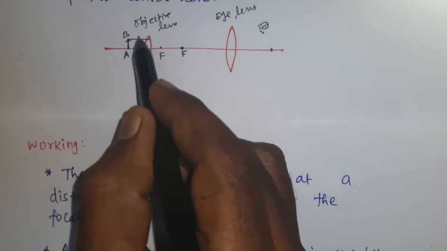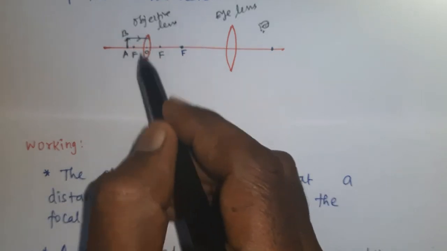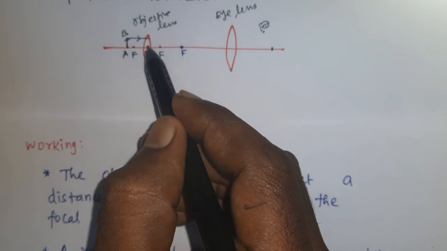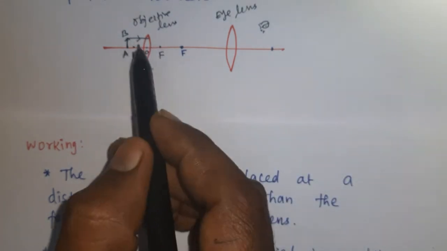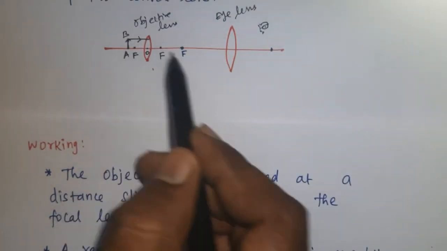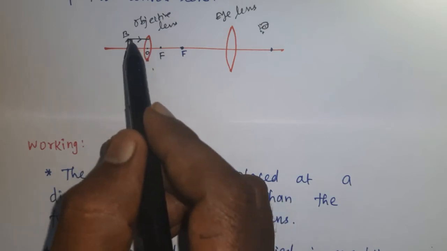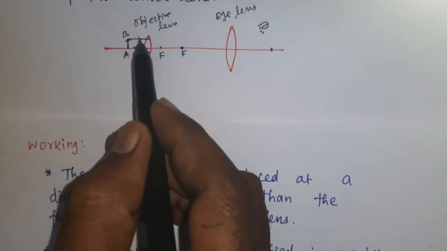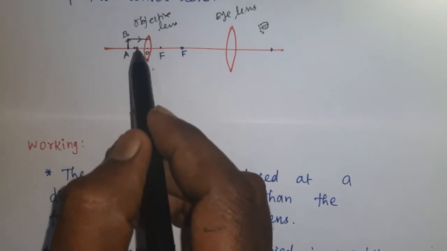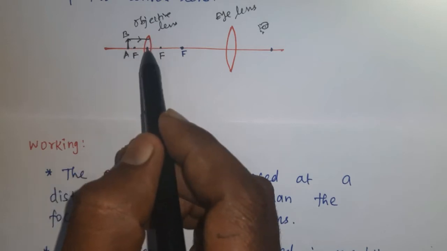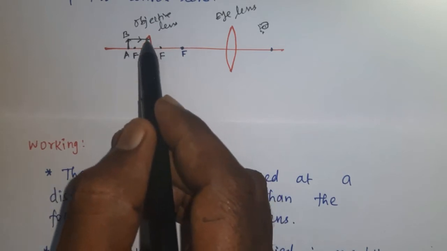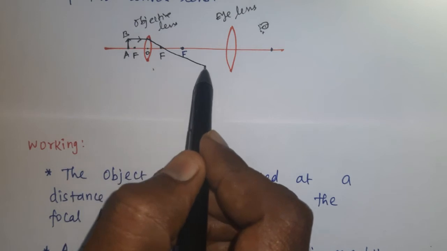Due to refraction of this shorter focal length lens, the image will be formed behind the lens. We know the rules: if a ray travels parallel to the principal axis, after refraction it will pass through the principal focus.